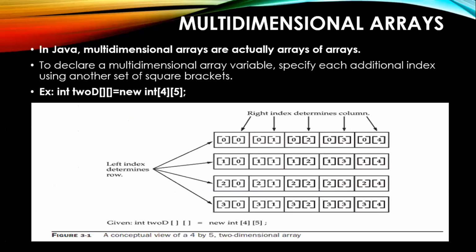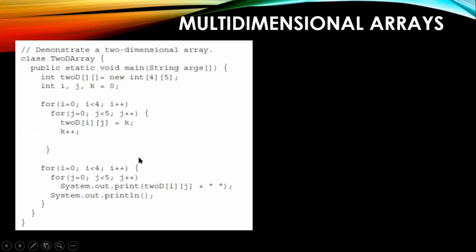So what I mean to say is, this is your 4 cross 5 matrix. Initially 0 will be put here, 1 here, 2 here, 3, 4, 5, 6, 7, 8, 9, 10, 11, 12, 13, 14, 15, 16, 17, 18, 19. So these will be the values in that particular 2D array, right?